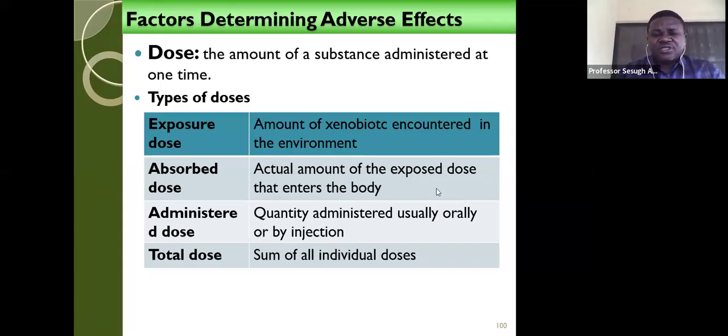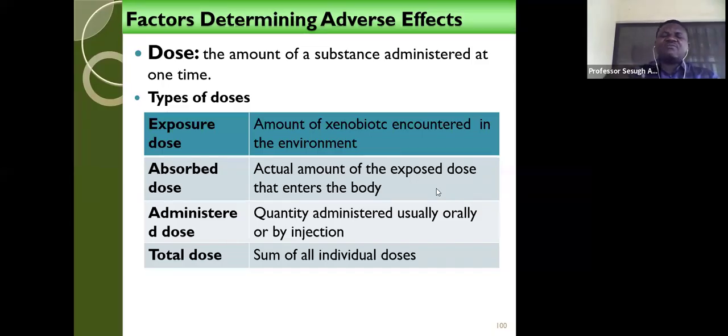So you may be exposed to, let's say, 50 milligram per liter of a particular chemical, but maybe only 5 out of the 50 will get absorbed into the body. That is what we refer to as absorbed dose.